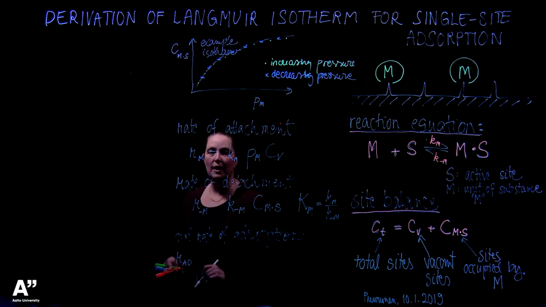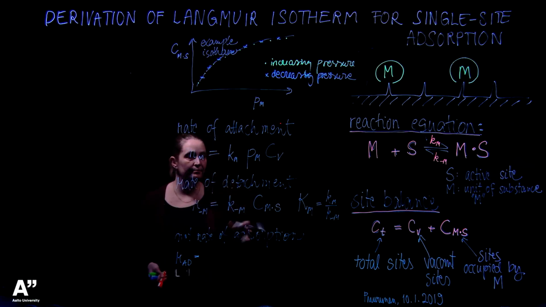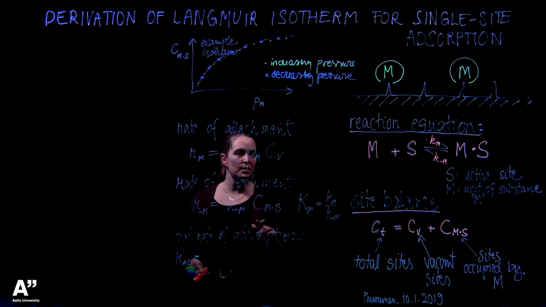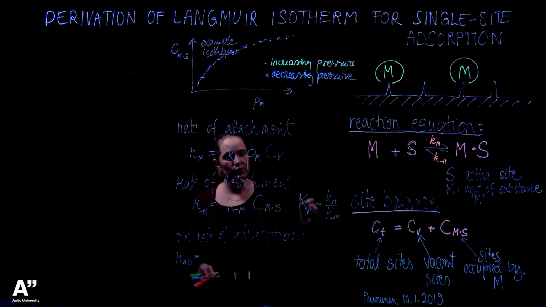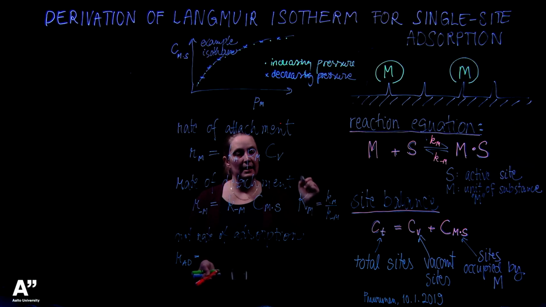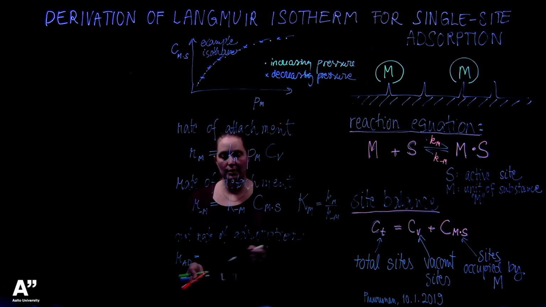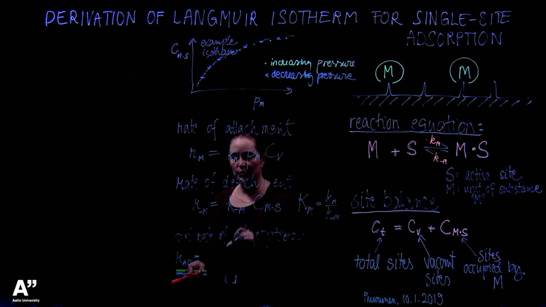I will put there the ad. And this will be this term subtracted by that term. And what we actually want to do is eventually come out with an equation where we have such terms that we can use them for analysis. We will use the equilibrium constant and get rid of the other proportionality constant. I will do it right away.